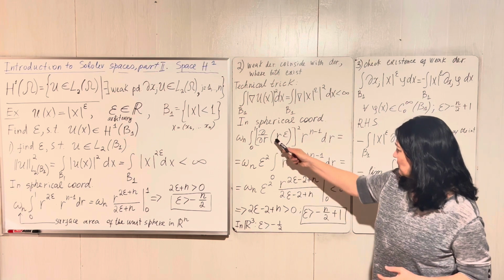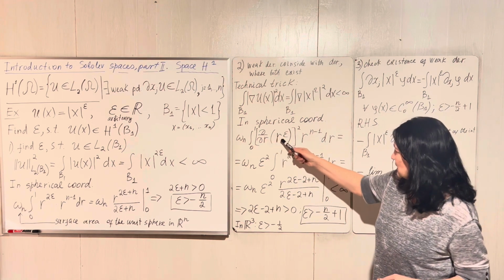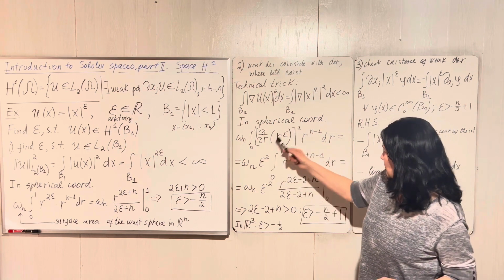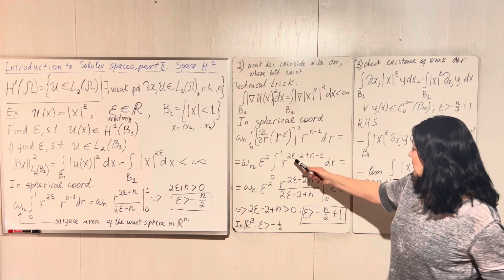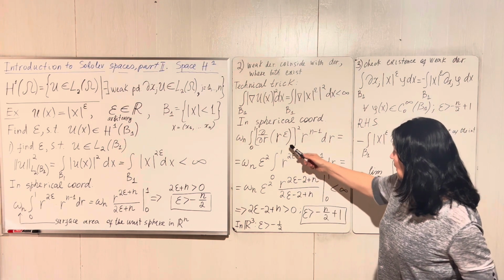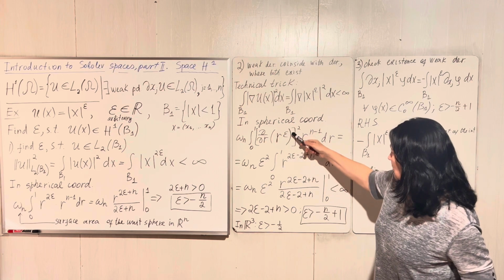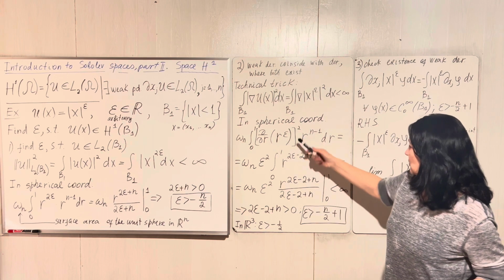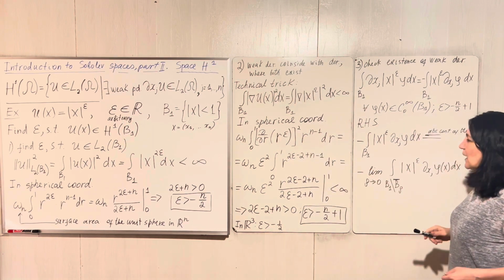Then after doing this simple computation, we differentiate with respect to r, then square. So epsilon squared appears from here, and when we differentiate, it will be epsilon r to the epsilon minus 1, and then squared will multiply by r to the 2 epsilon minus 2 plus n minus 1.